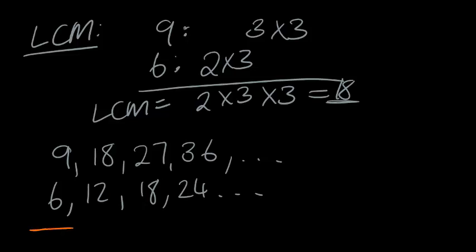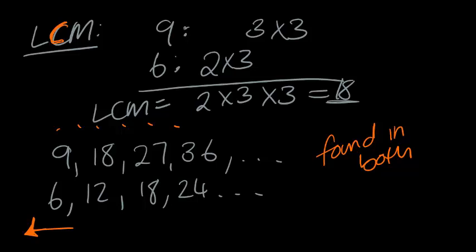Common means found in both. And multiples are these answers, when I say 1 times 9 is 9, 2 times 9 is 18. So the answers of your multiplication tables.